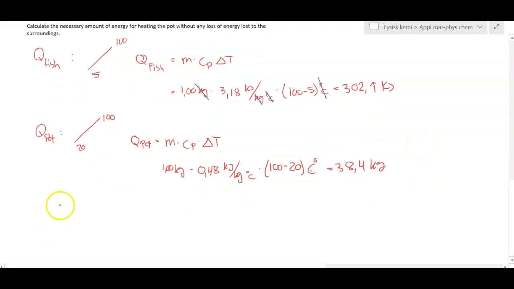Then we have the water. And now we have to be careful because the water is heated, but some of the water is also evaporating. So we have water that rises from 20 to 100 degrees.